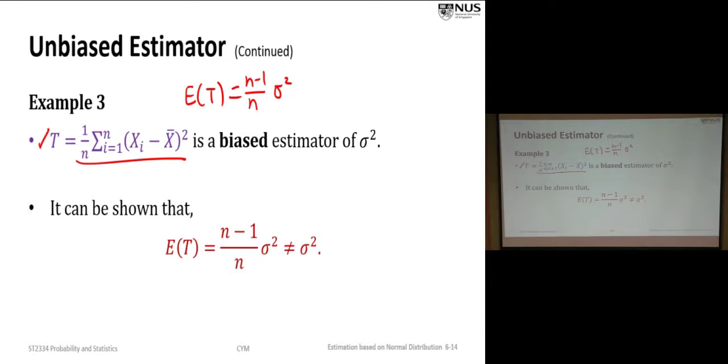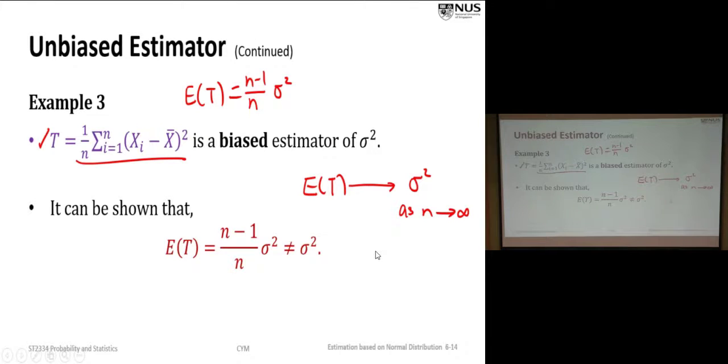It's getting close to 1. So although the expectation of t does not equal sigma squared, it goes to sigma squared as n goes to infinity. That means if n is getting bigger and bigger, the expectation of t is very close to sigma squared. So we call t a consistent estimator. That means if your sample size is big enough, the expectation of this estimator is equal to whatever you want to estimate.